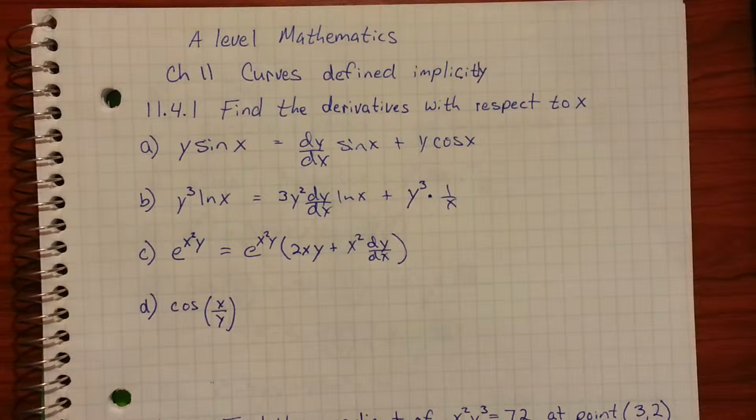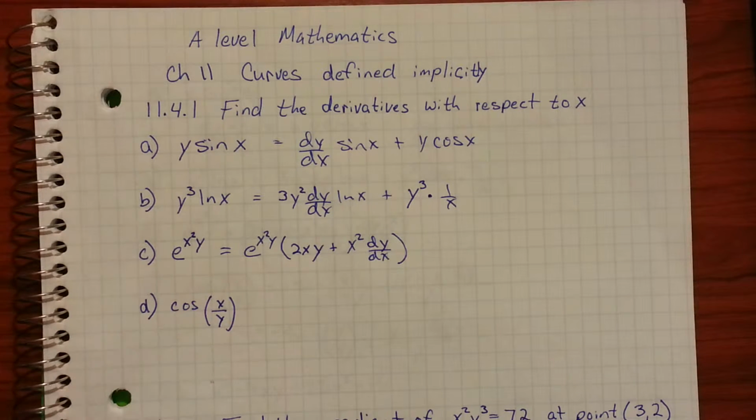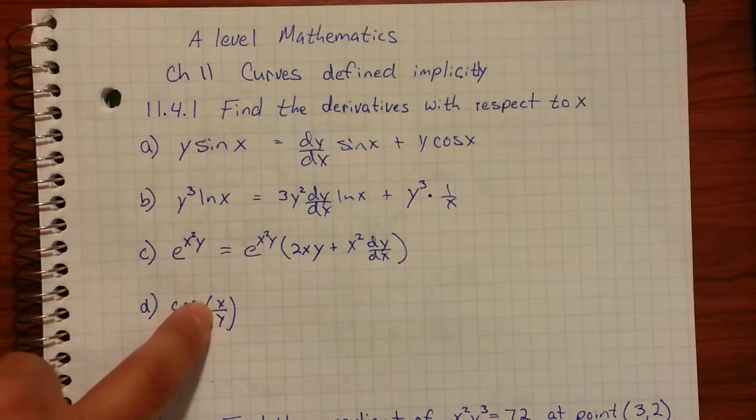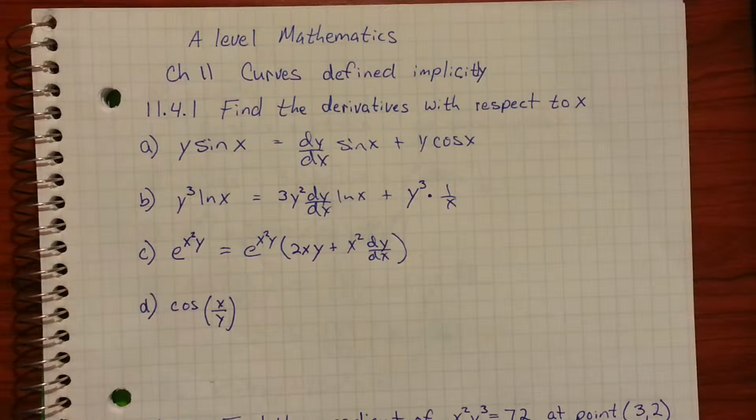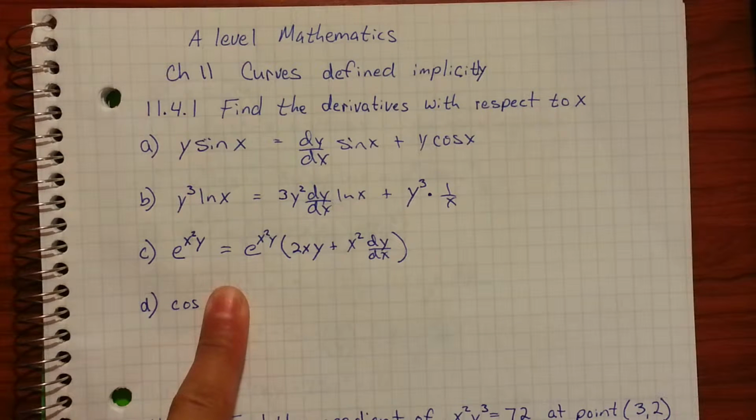Now for problem D, right here on this problem, this is going to be a quotient rule on this one right here, and so it's going to be that on the inside of what I have there. So let's take a look. It's going to be derivative of the outside, so we're going to take the derivative of cosine.